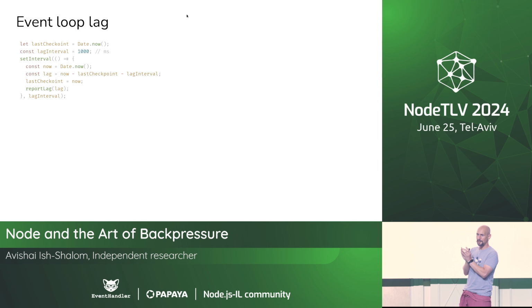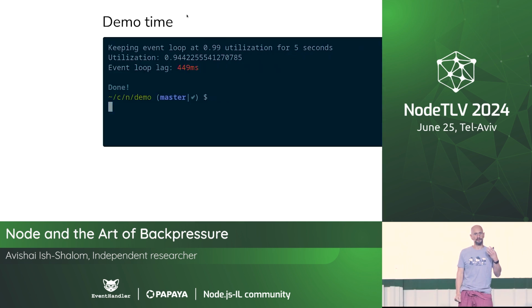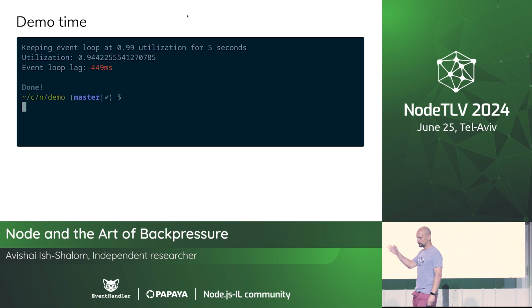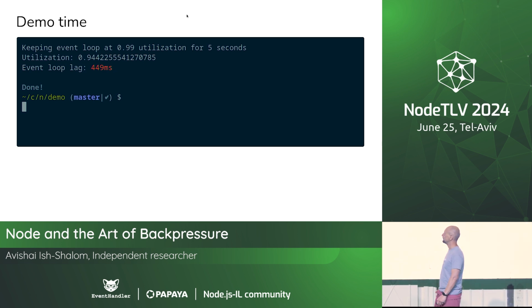That half second extra, that's the event loop lag. And we can measure it exactly like that. We run some callback at some preset interval, in this case 1 second, and we measure when it was actually executed as opposed to when it was supposed to be executed.